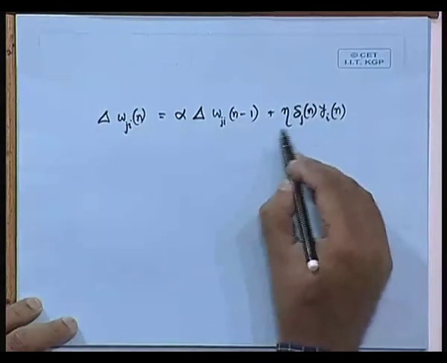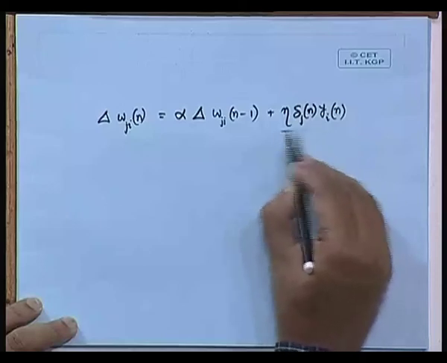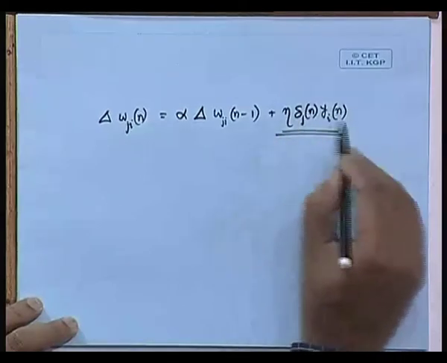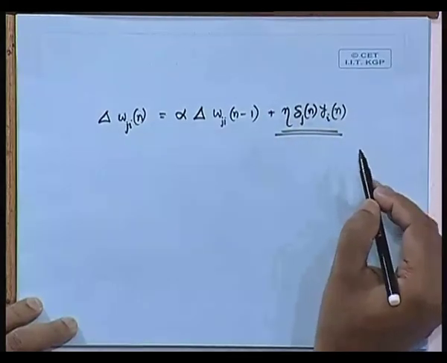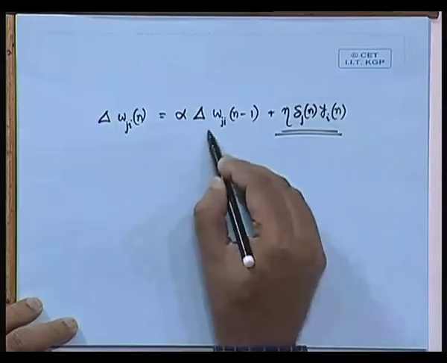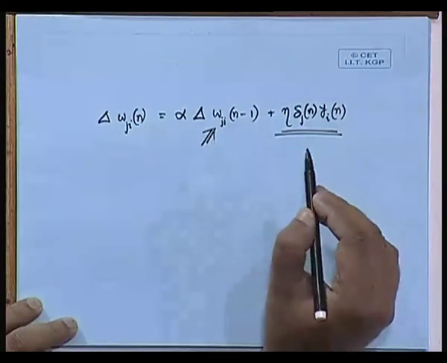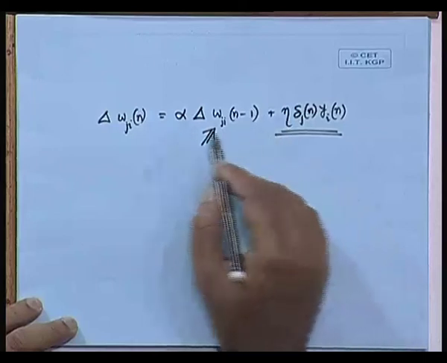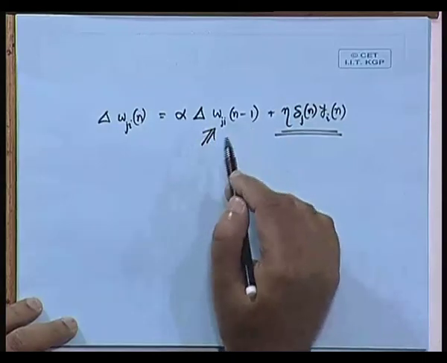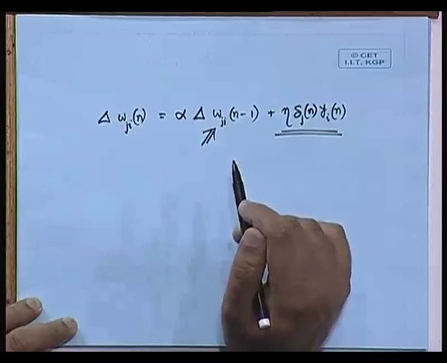So, this term is very familiar to us. This is the normal learning term that we always have, whereas the other is something new to us. We haven't come across this term earlier. So, this is an addition, and let us see the significance of it.